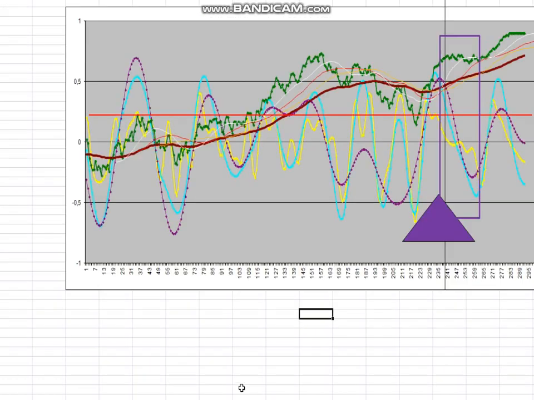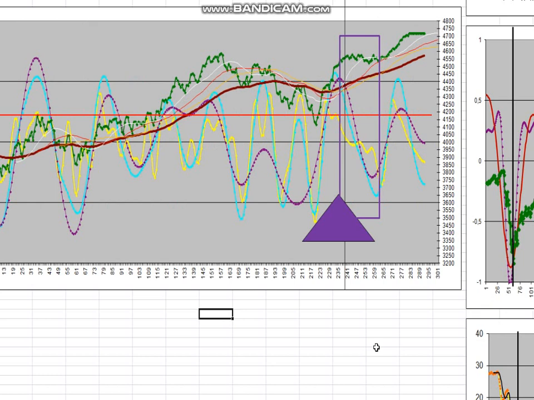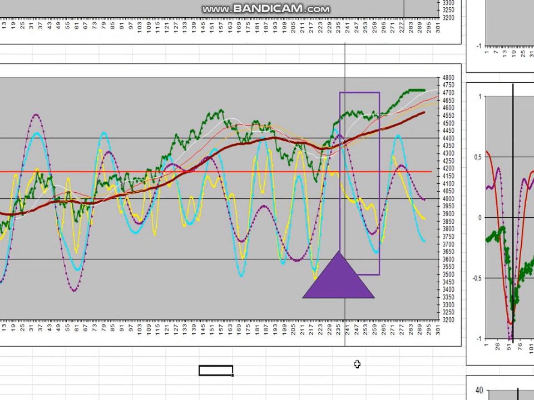Then I took the scenario from my VIX oscillation, and I inserted it here, and I made a simulation. How will it look? So we are at this point, and the projection is suggesting maybe a little bit more upside, but we should mostly go sideways here.